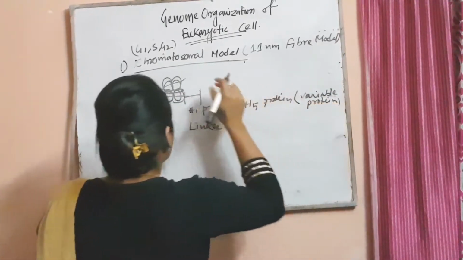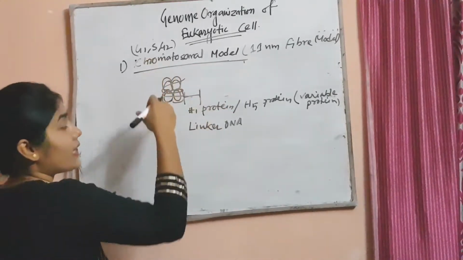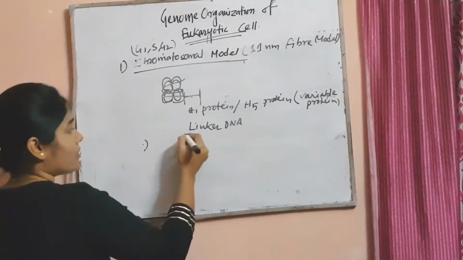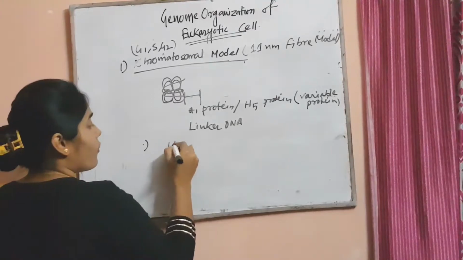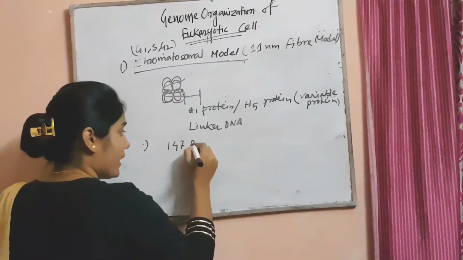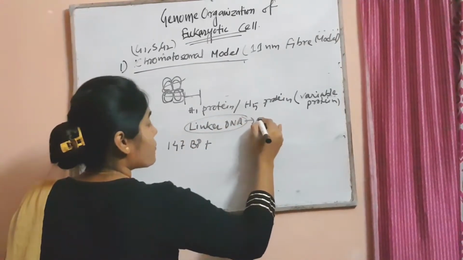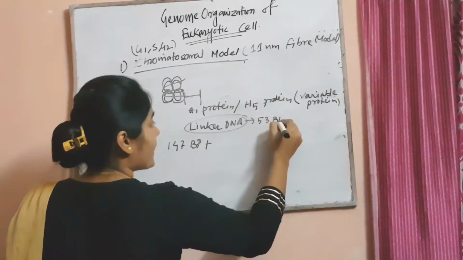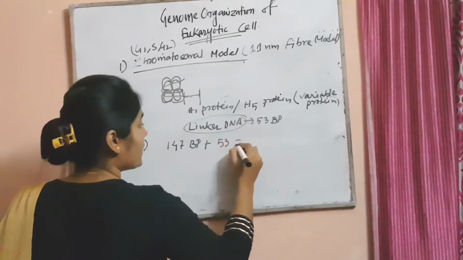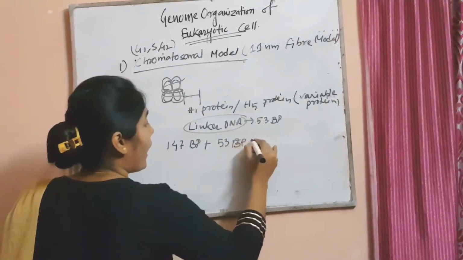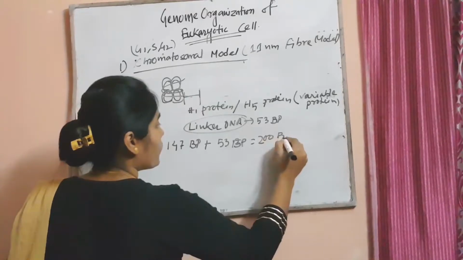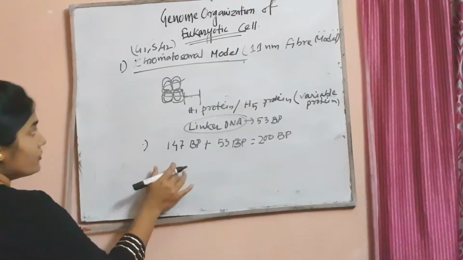So in the chromatosomal model interaction, the characteristics are that 147 BP DNA is present, and with that the linker DNA, which is 53 BP. So this is 53 BP, equal to 200 BP of DNA.